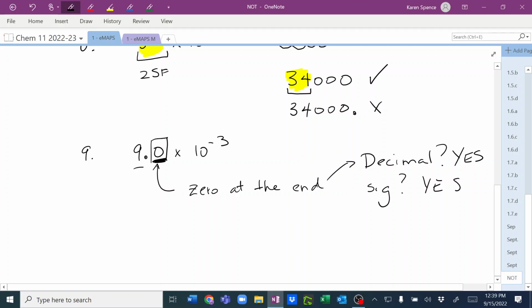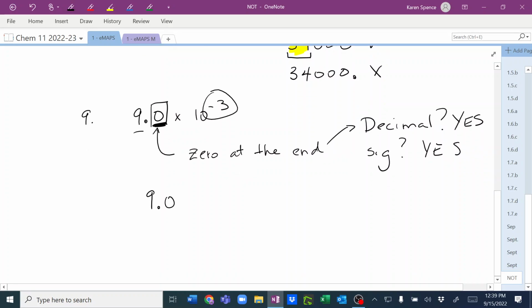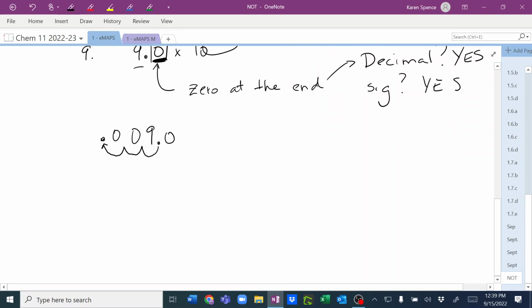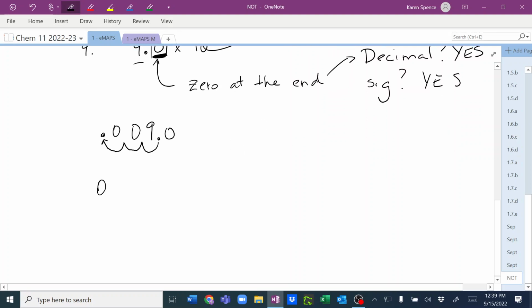If I did want to write that in standard notation, that's a negative exponent, so I want to make my number smaller, right? Because a negative exponent tells me my number should be small, so I would move my decimal place 1, 2, 3 positions to the left. So I would end up with 0.009.